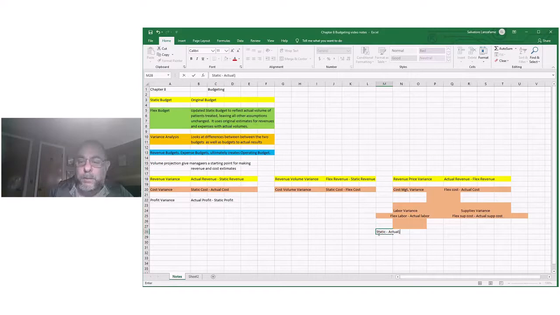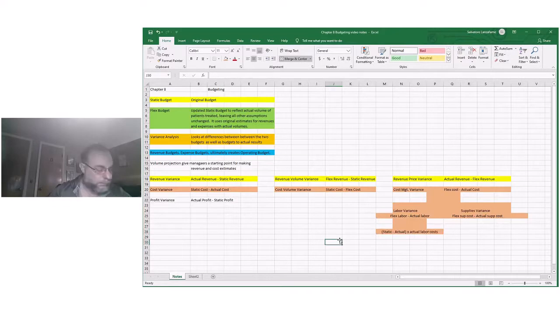And we would multiply that by actual labor costs. And that would give us what we call a rate variance.